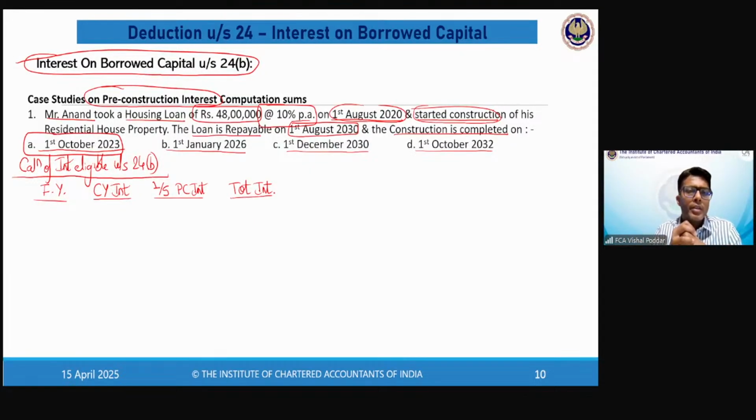So what it does is, it keeps on just noting those expenses, all the expenses which the company has incurred from 2022, the date the company was incorporated, till the date the company actually starts its business or production. Let us say the production starts on 15th of October 2025.